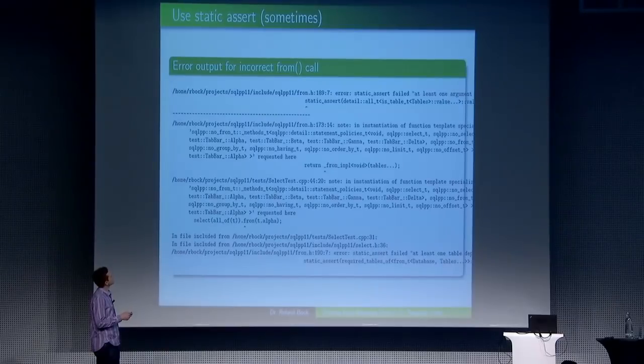Static assert, at least one argument, blah, blah, blah, is not a table. Okay. But then we see the call stack that this is coming from the call from the from_impl, so at least one element of the stack that we don't want to see as a user, because we don't care whether it is an impl or not. And what we also see is that the compiler just goes on after that. So it runs into this first static_assert.